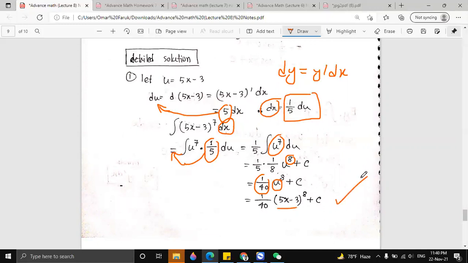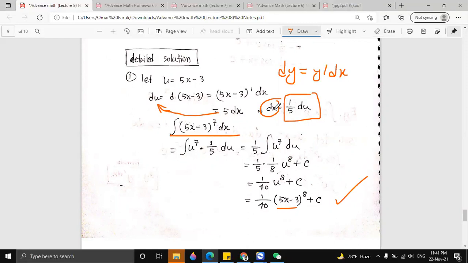Okay, guys? Can you repeat the calculation again? Which part? This part, the calculation part. Yes, from this part. Okay. So you see, this is our question, right?